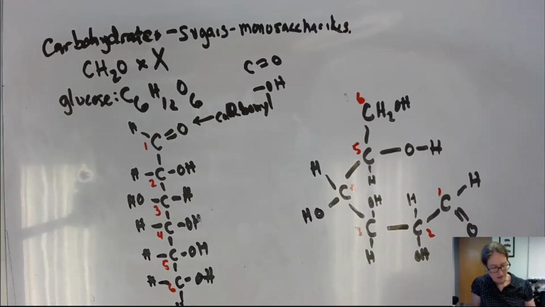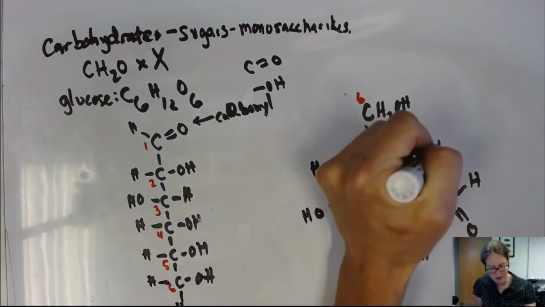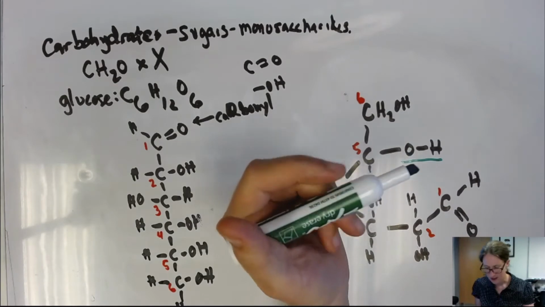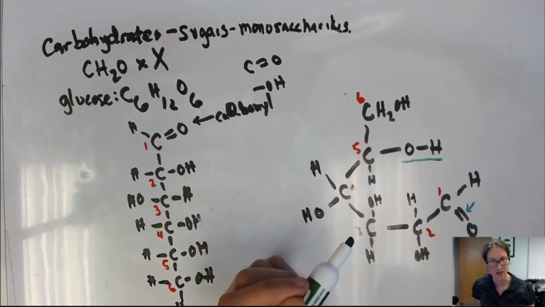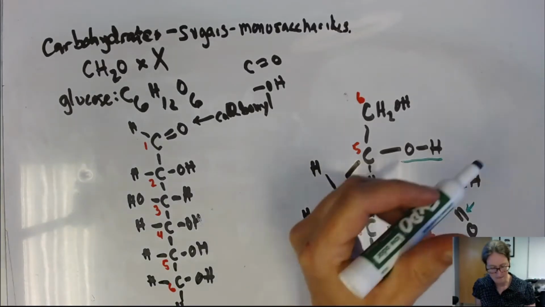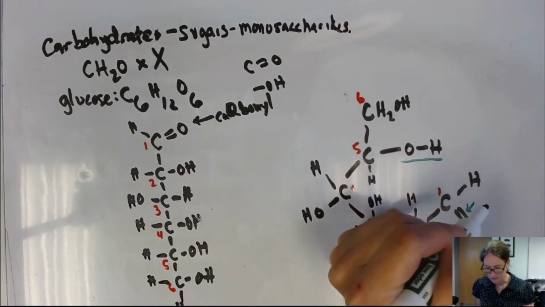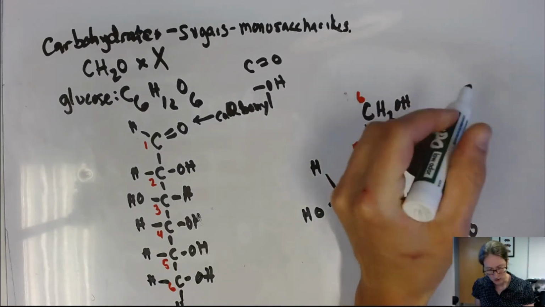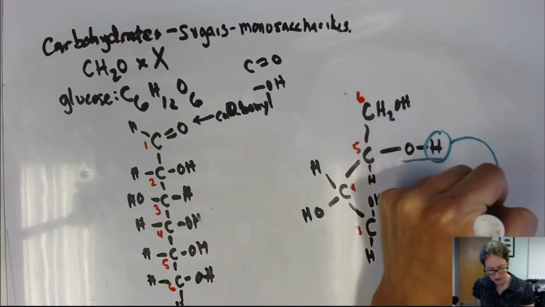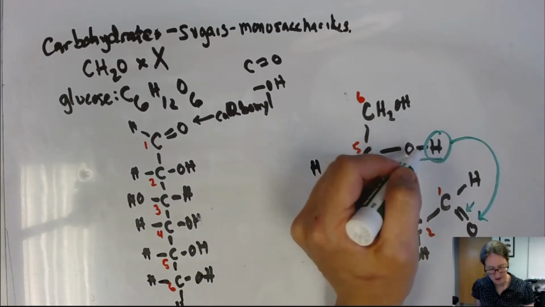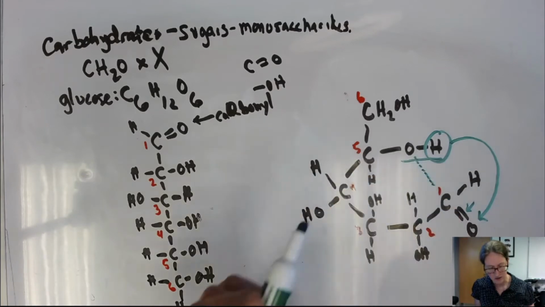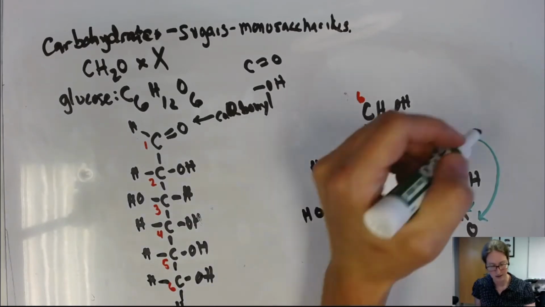Okay. Basically, this is going to convert to the ring form by an interaction between this hydroxyl group and this oxygen double bond right here, okay? So what's going to happen is this hydrogen is going to get transferred to this oxygen. And in the meantime, this oxygen is going to bind to carbon, okay?